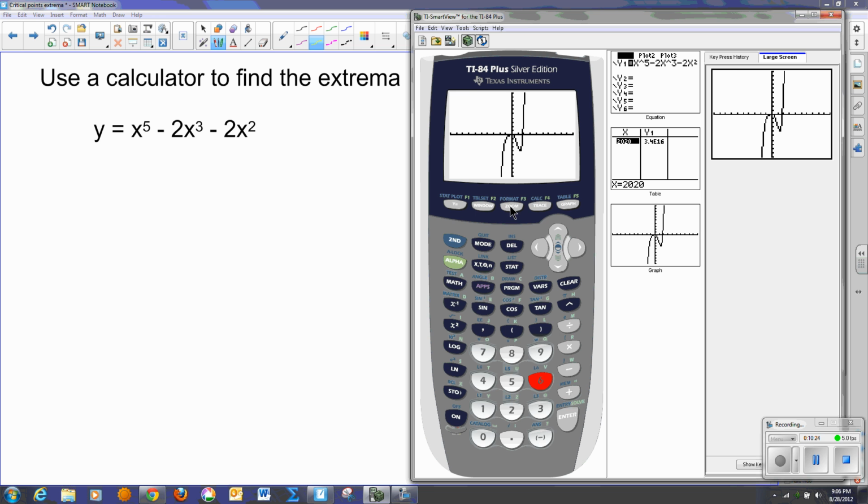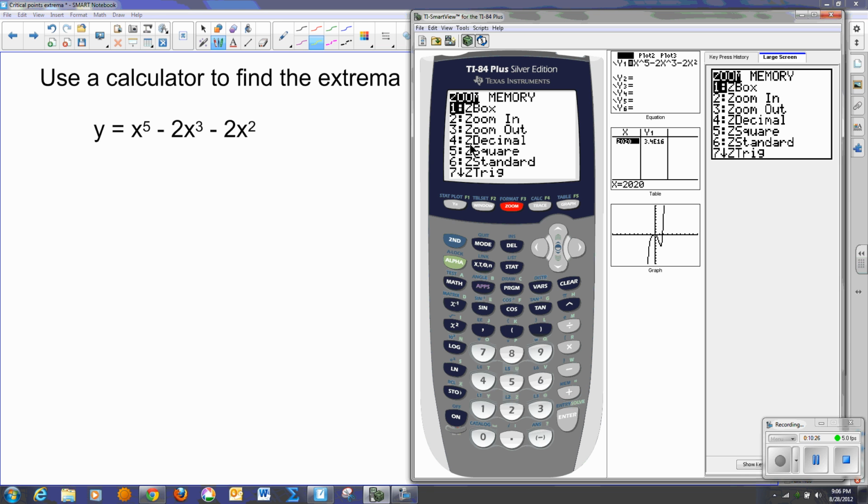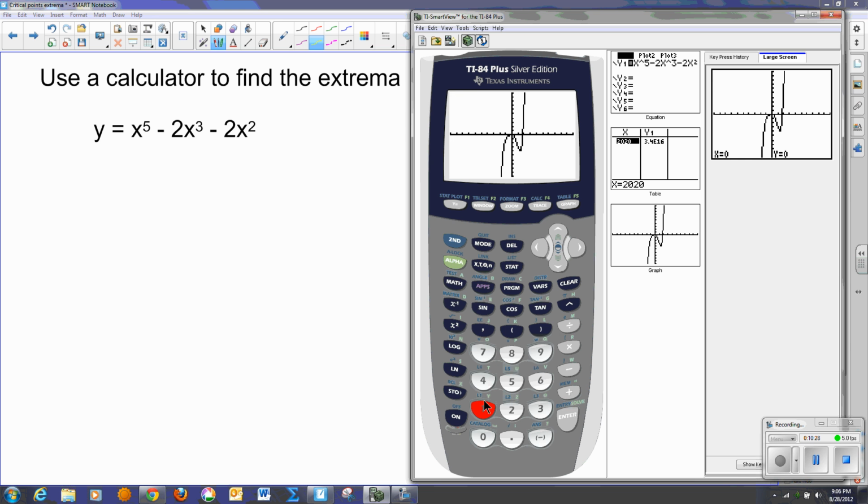So I'm going to go zoom, box, which is number 1. I believe we've done this before. And I'm going to take my blinky guy, and I want to blow up this whole area here. So I'm going to start my box somewhere up here, hit enter, drag my box over, and down.